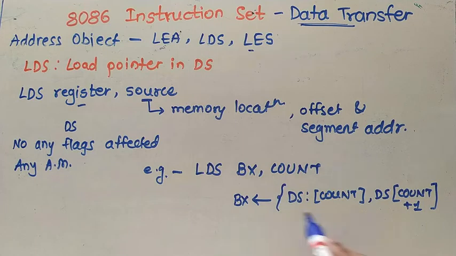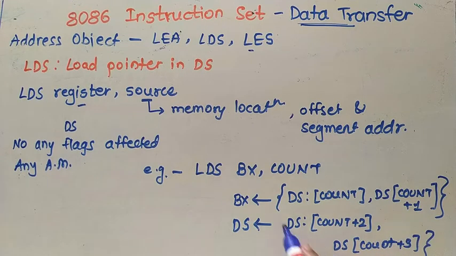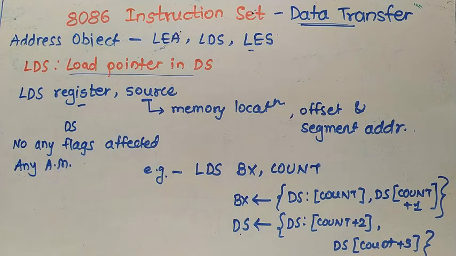After that the DS register is loaded from count plus 2 and count plus 3 locations. From the first two locations specified by this count address BX is loaded, and from the next two locations the DS register is loaded. This is the load pointer in DS instruction.